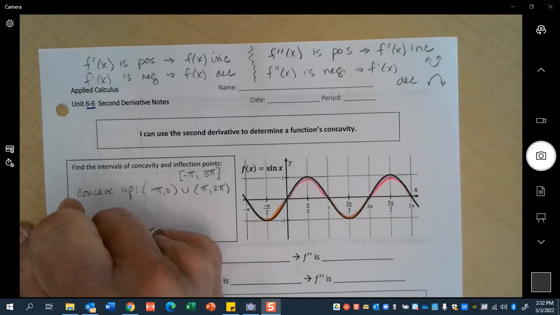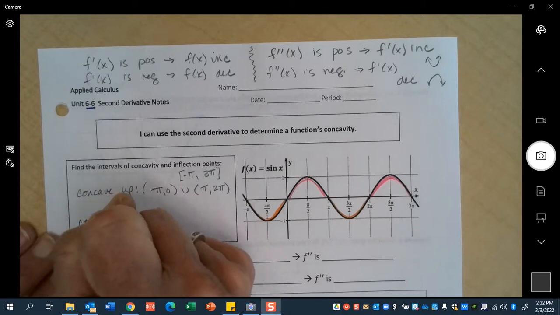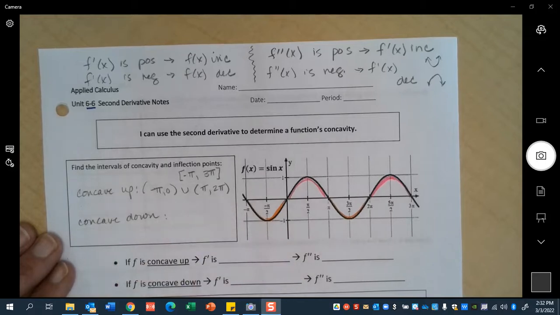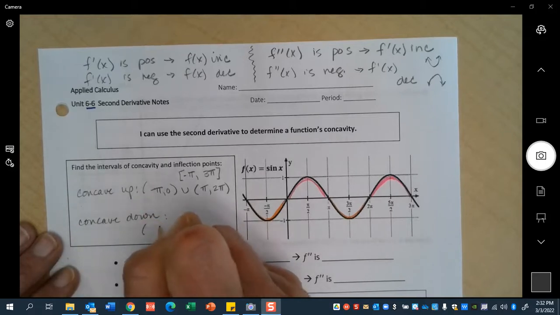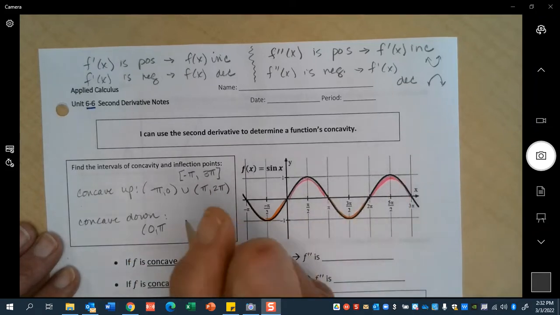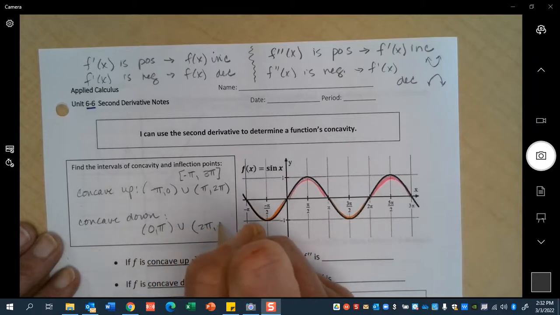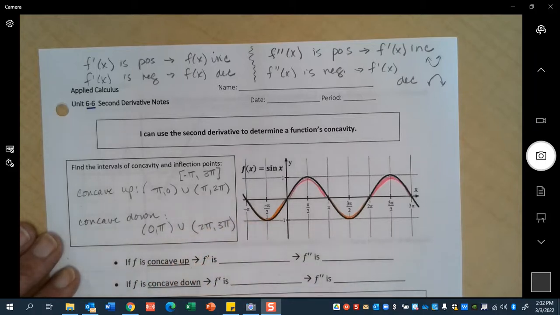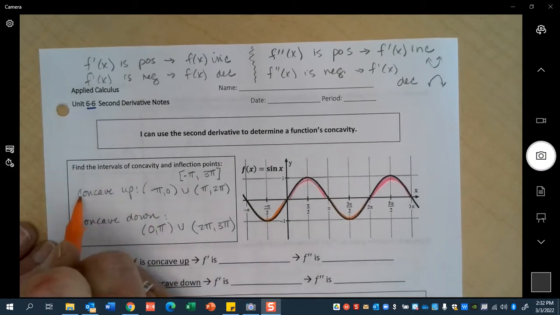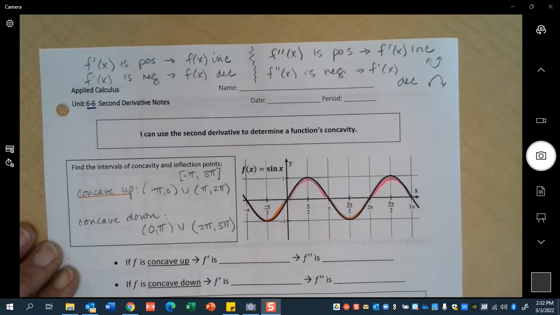If I want to look at where I'm concave down like a frown, that's x values from 0 to pi and 2 pi to 3 pi. So this concave up like a cup is my orange, and this down like a frown is my pink.